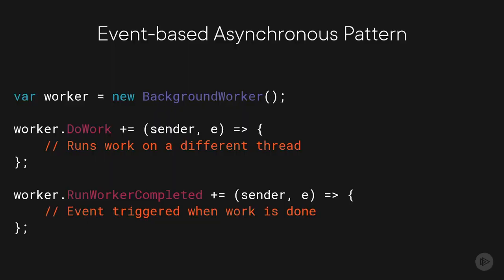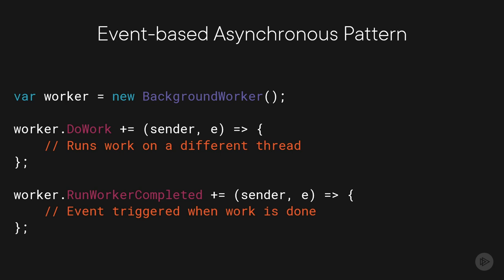This could be allowing you to subscribe to an event that indicates when the operation completed. One example of this is the event-based asynchronous pattern, used with, for instance, the background worker. In the early days of the background worker, the only way for you to know that all the data was loaded was to listen for an event.